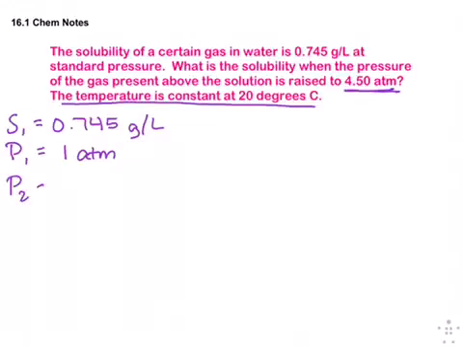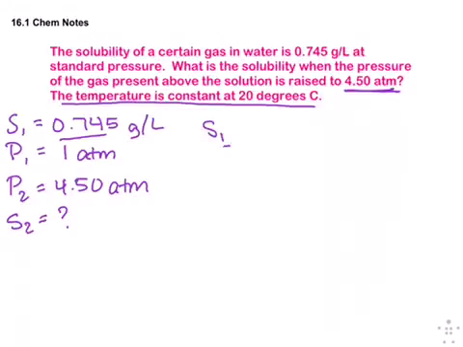So our second pressure is 4.5 atm. And it is asking for us to solve for the second solubility. So, looking at the pressures, should the second solubility value be higher than 0.745 or lower than 0.745? It should be higher because with an increase of pressure, we increase solubility.